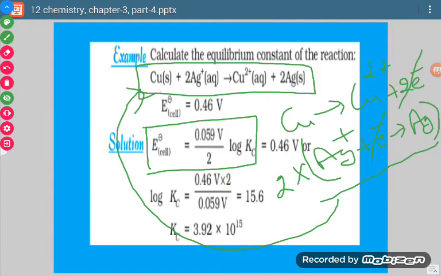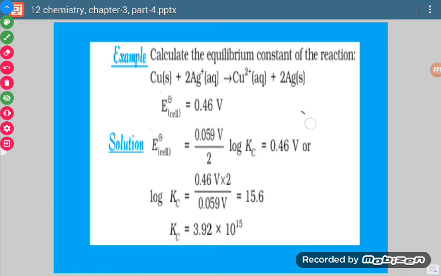Okay, now what we can see from here, Kc is already written there. Kc value will be equal to, from the overall cell reaction, Cu2 positive concentration divided by Ag positive concentration raised to power 2. Okay, so in this way we can write the value of Kc, but here we have to calculate Kc, so we will just put the formula.